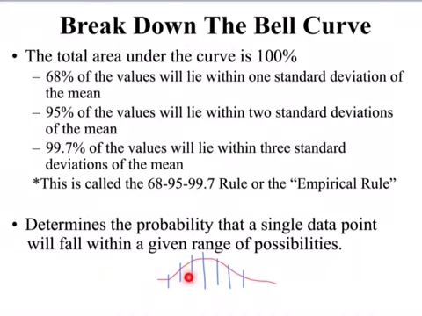And then if we add in our third deviation, which are these two lines, that means all this space underneath makes up 99.7% of the numbers in your set, or numbers that can fall in your set. I'll show you a chart here in a second that breaks that down even more. The bell curve determines the probability that a single data point will fall in the given range of possibilities.